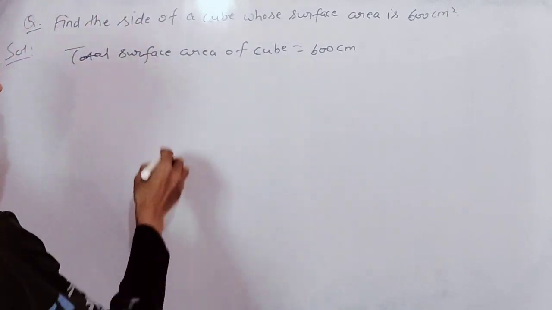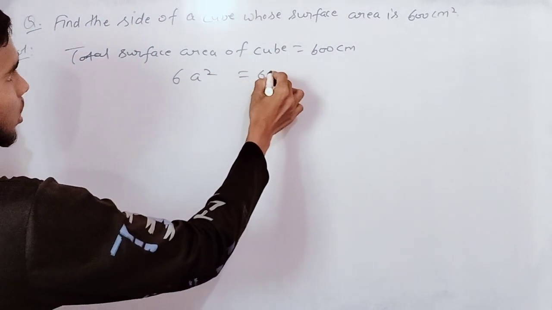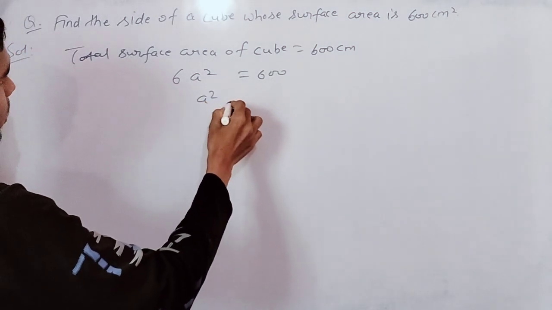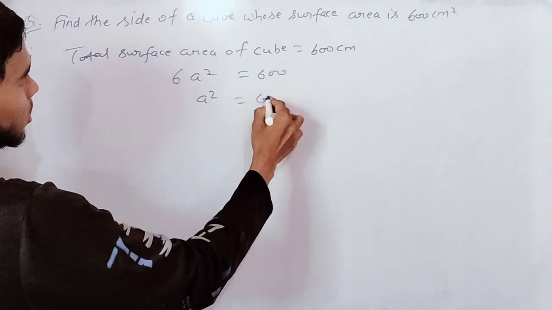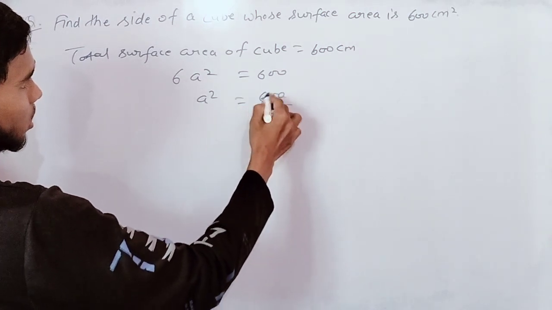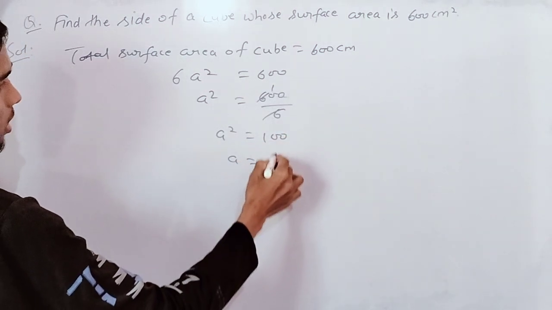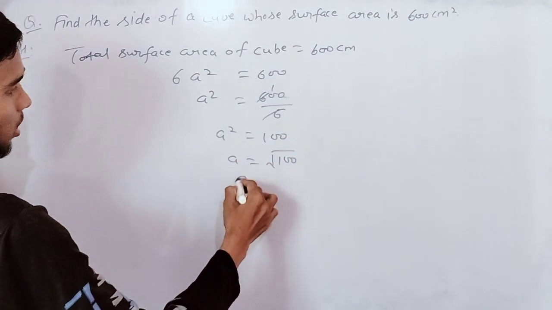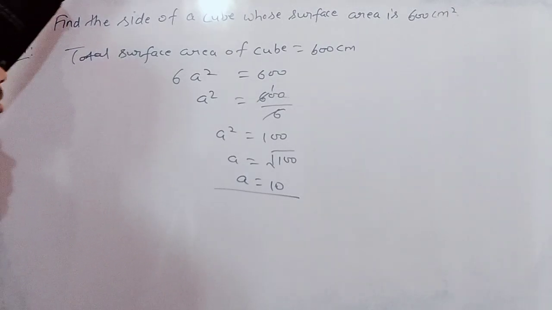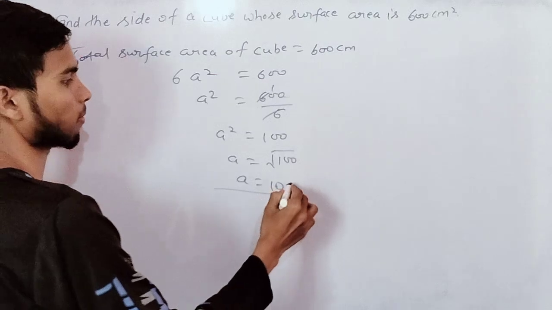The formula for this is what? 6a square. Okay, now what is a square? 600 upon 6. A square is equal to 100. It is a perfect square of 10. So the measure of one side of the cube is a.